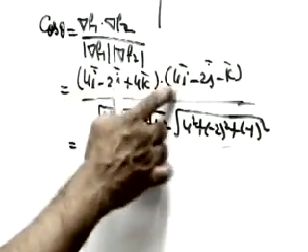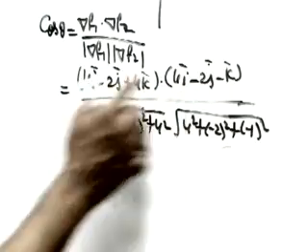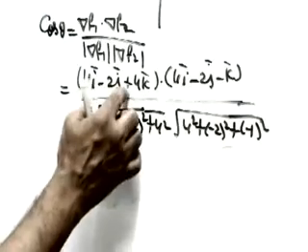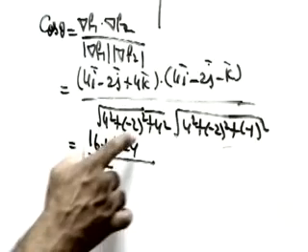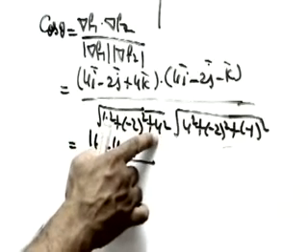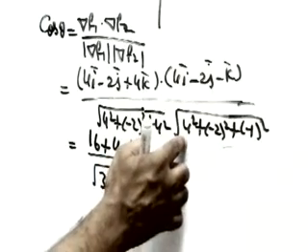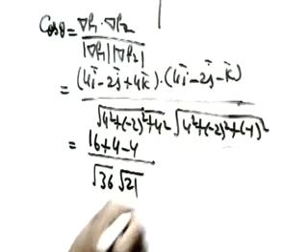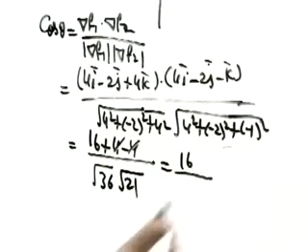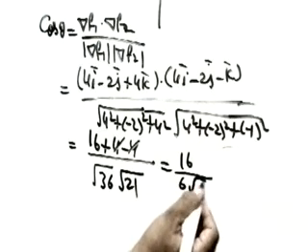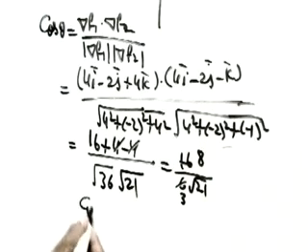Cos theta equals, how to solve the dot product? Multiply i coefficients, j coefficients and k coefficients. 4 4s are 16, minus into minus plus, 2 2s are 4, plus into minus minus, 4 1s are 4, divided by under root of 16 plus 16 is 32, 32 plus 4 is 36, into under root of 16 plus 4 is 20, 20 plus 1 is 21. 4 minus 4 cancel. 16 by root 36 is 6 root 21. 2 3s are 2 8s.